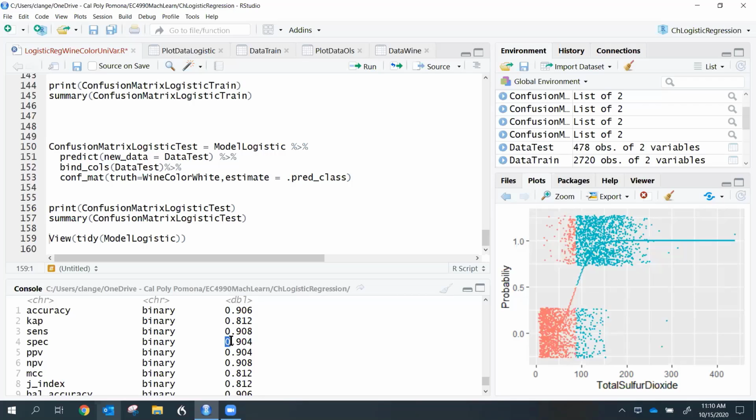From the red wines, which was our negative class, the specificity, we predicted 90.4% correctly. So in this case, we did slightly better on the white wines than on the red wines, but pretty much the same. And we don't have the problem that we have predictions that are higher than 100% and predictions that are negative.